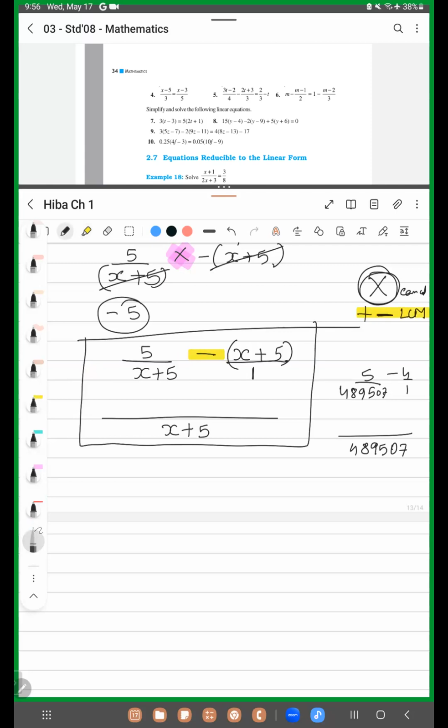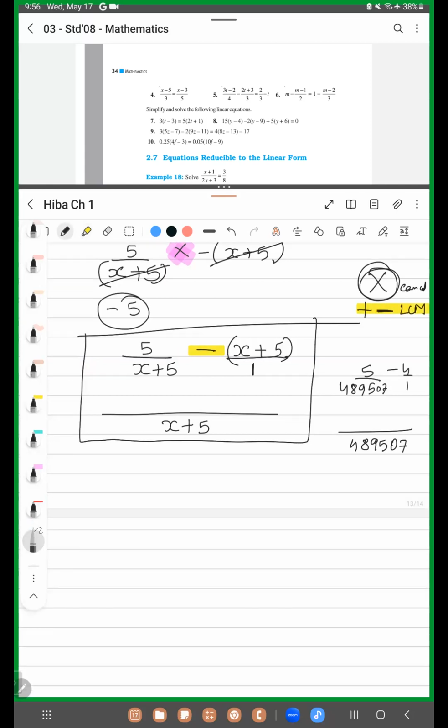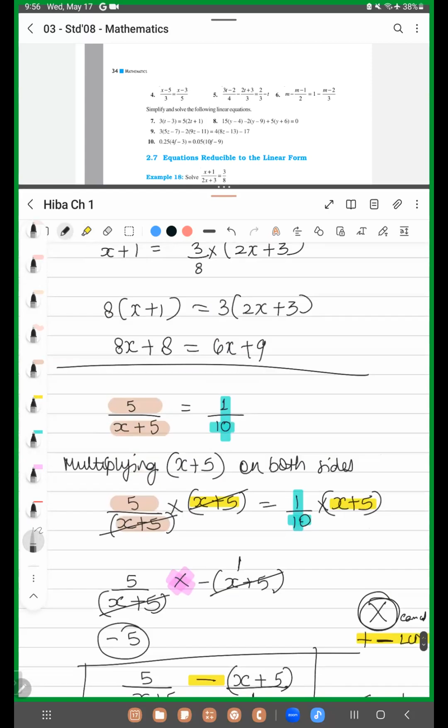ठीक है ना? Actually, I had another doubt. Sure.